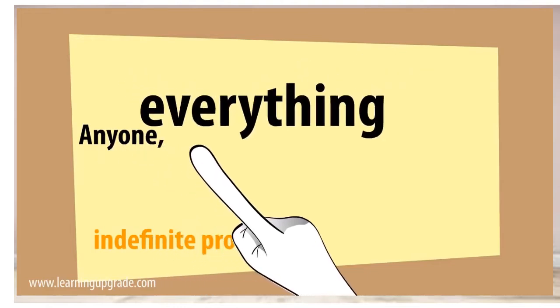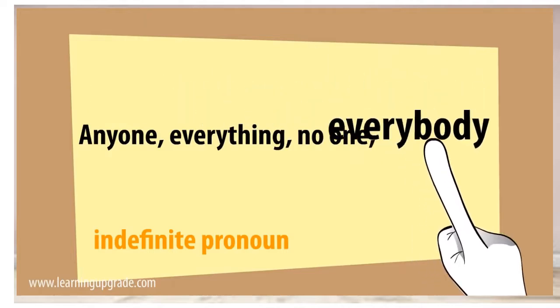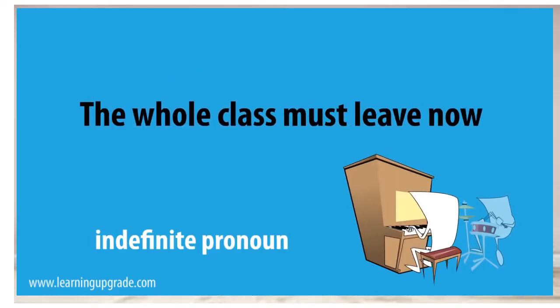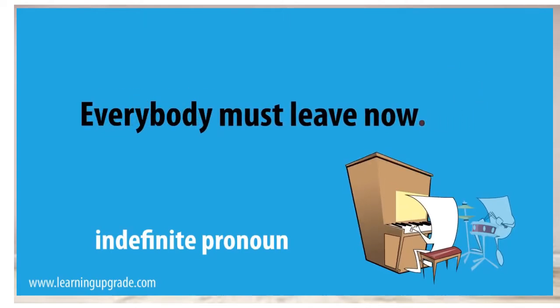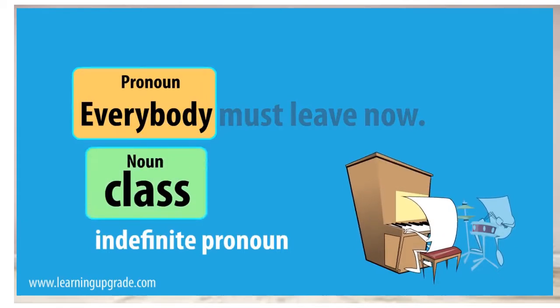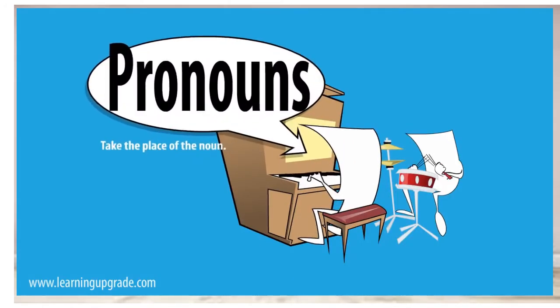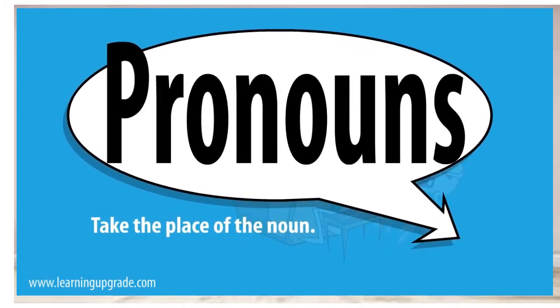Anyone, everything, no one, everybody. The whole class must leave now. Everybody must leave now. The pronoun everybody takes the place of the noun class. Pronouns take the place of nouns.